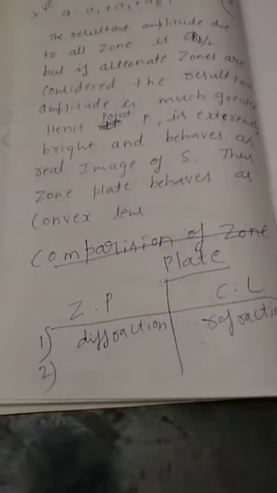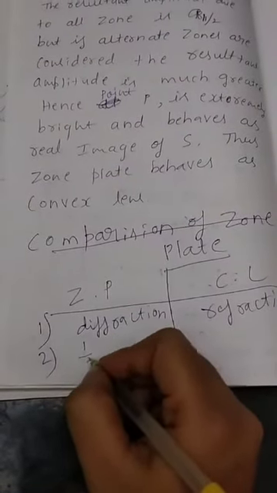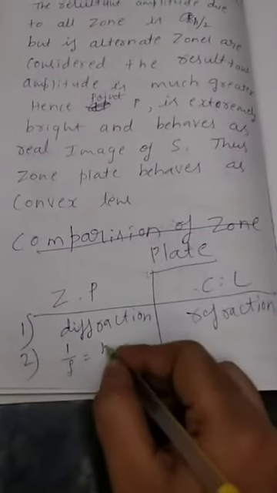Here the expression for the focal length, what will I get? Rn square by n lambda, correct? That is 1 by f is equal to n lambda by Rn square, I got, correct? The expression for focal length is n lambda by Rn square.